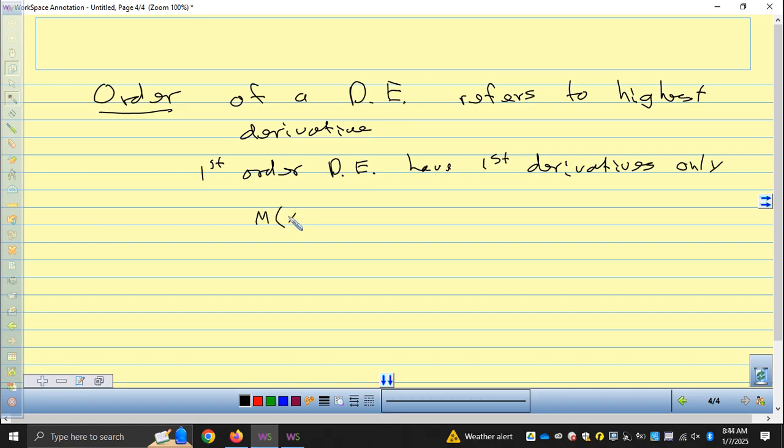We could have something like this: M of x, y dx plus N of x, y dy equals 0. That is a first order ordinary differential equation, and this is written in differential form.